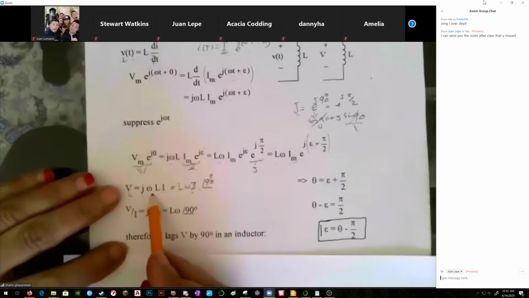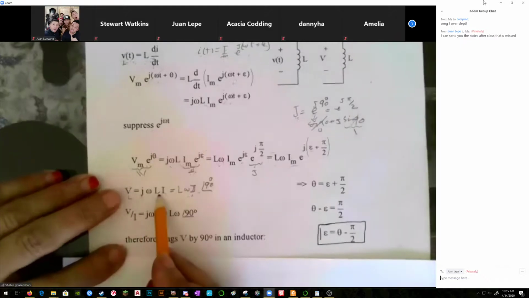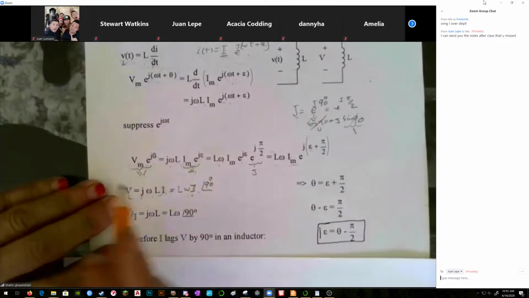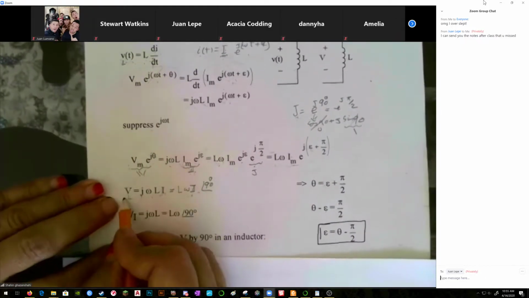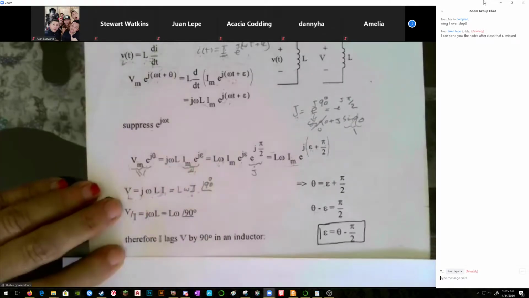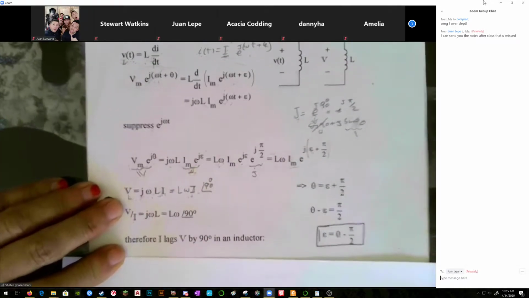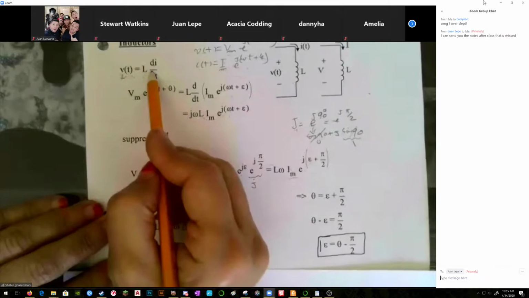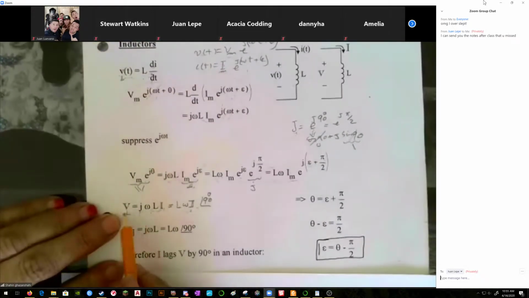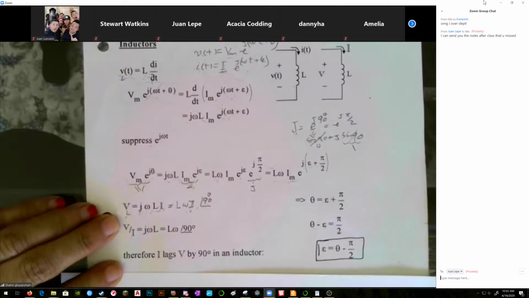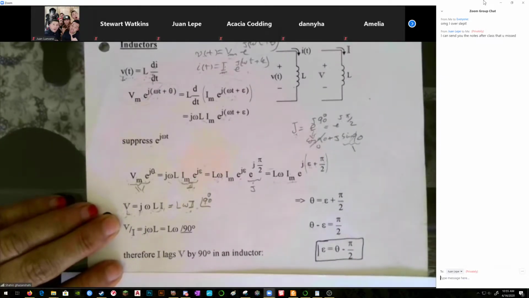Here, when we do the complex or phasor form, it is a product, no more derivatives. Is that right? So from derivatives, we switch to an algebraic equation. The only weak point is you need to know complex numbers.